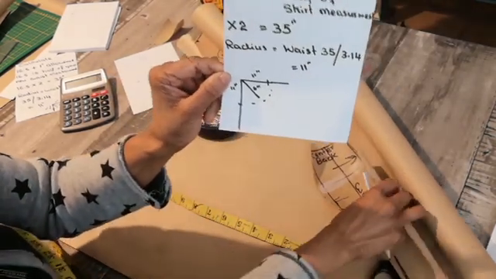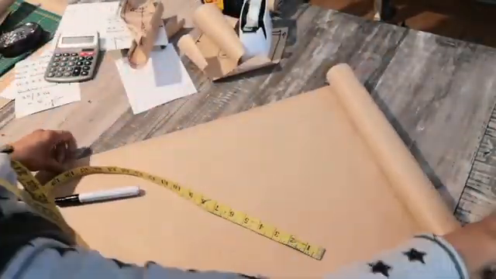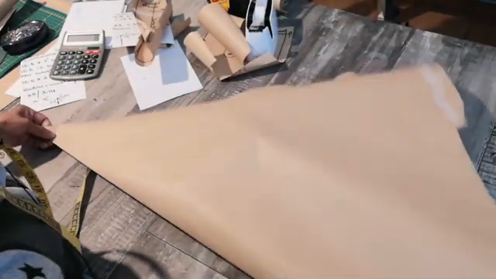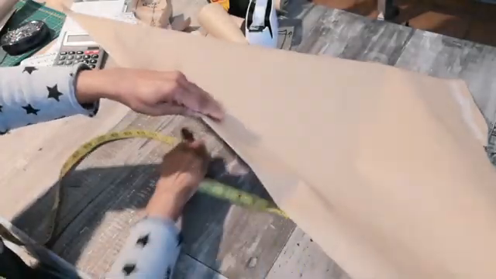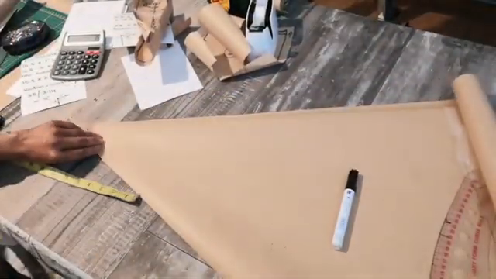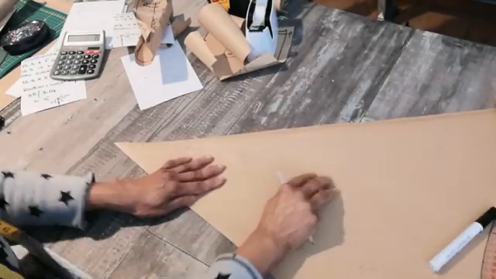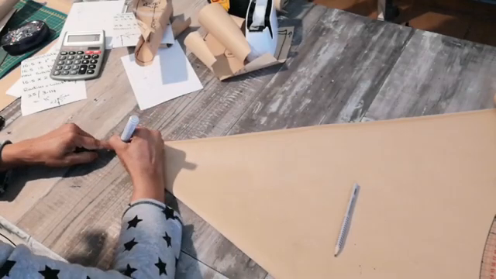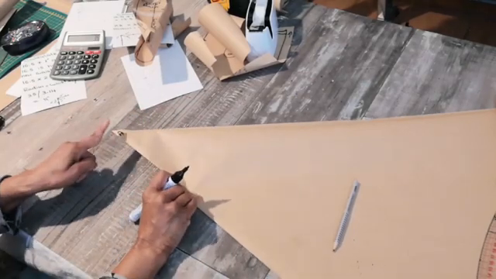So I'm going to show you how to cut it. Take a piece of paper, you fold it diagonal. Okay. I mark here A, this point.